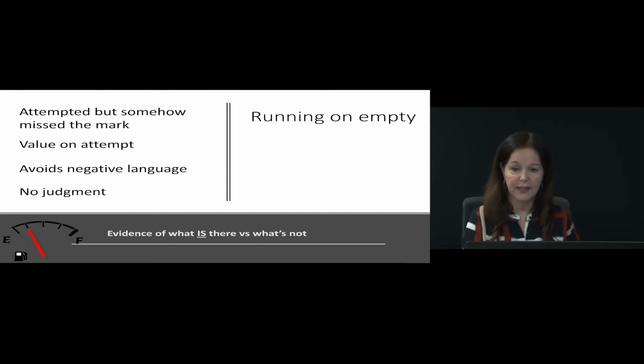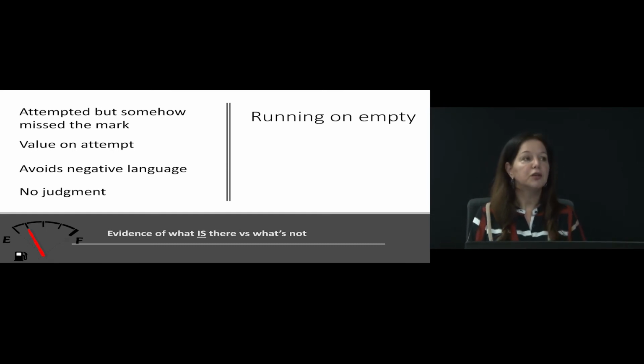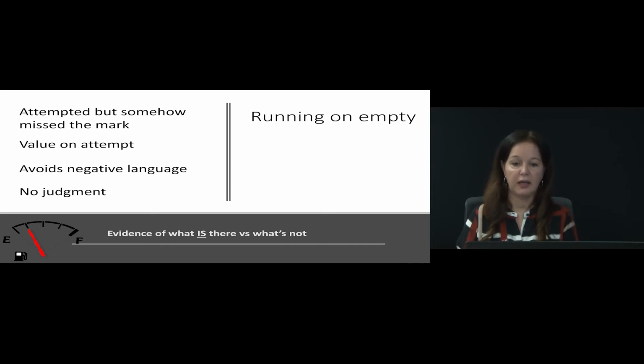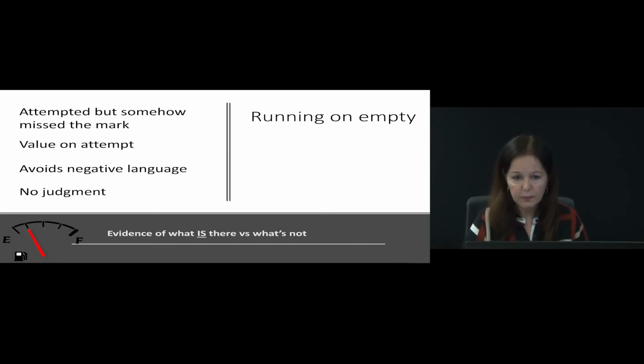It will tell you it's empty, but you will still have a few miles to get to the next gas station and maybe to your destination if you're not too far away. This is why I have it there as a quarter tank, because even if your students do not completely meet the mark on that attempt, they always have the possibility of getting it at some point.